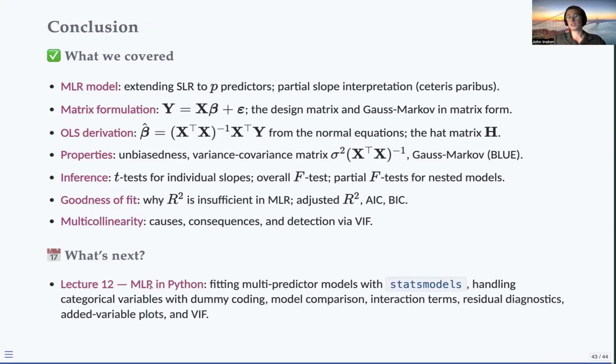So next lecture, we're looking at fitting in Python. We'll look at how we handle categorical variables with dummy variables. We'll look at model comparison. We'll look at interaction terms, and we'll look at how we perform residual diagnostics with multiple parameters.